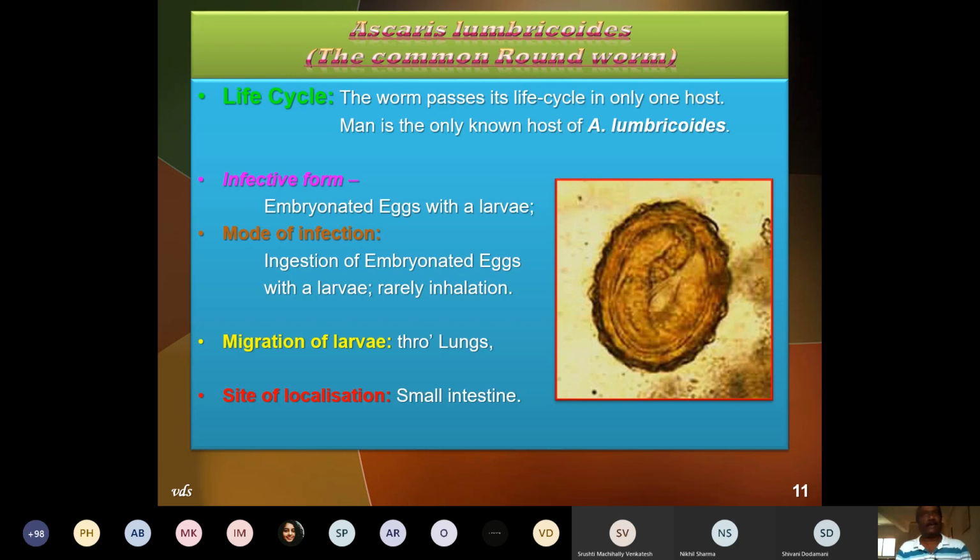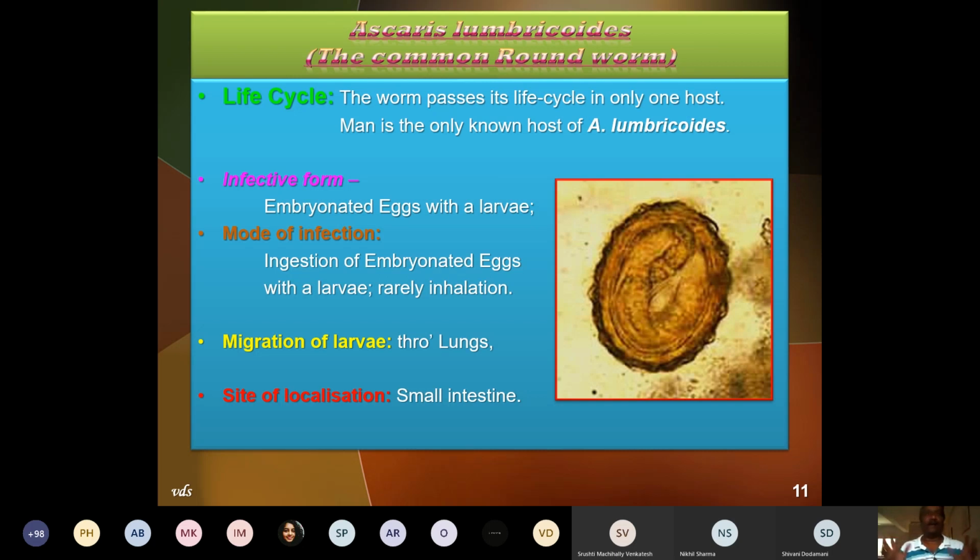And that's why it will not immediately give rise to the adult worms. Okay? So this larva migrates through the blood circulation, may also reach the lungs, where it may even settle and give rise to the developmental form. So the second site of localization may be the lungs. And then it is swallowed back into the intestine.